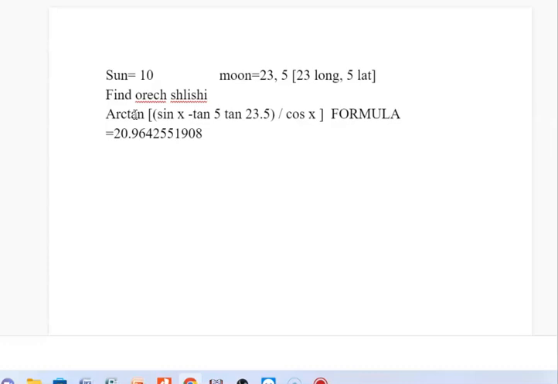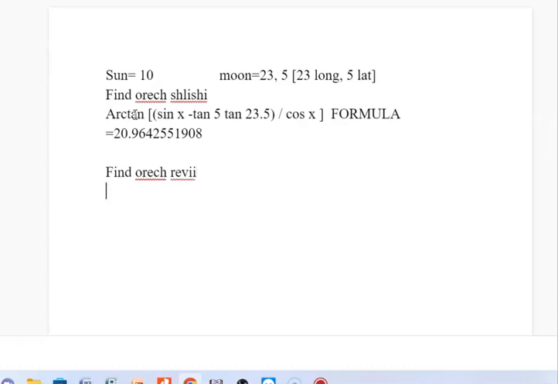So let me start the steps. It's complicated because in spherical trigonometry, it's a very hard angle to get, that angle that shows the Oruch Revi. So I'm writing: find Oruch Revi. That's our objective here.